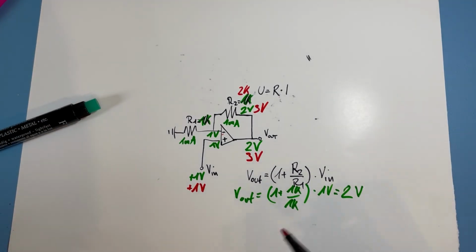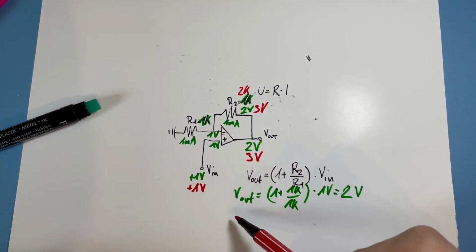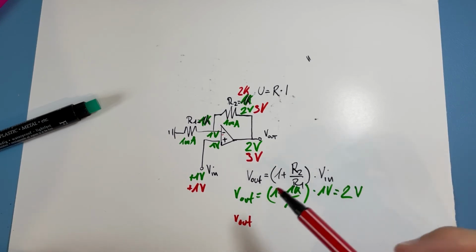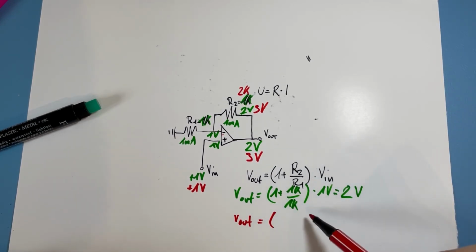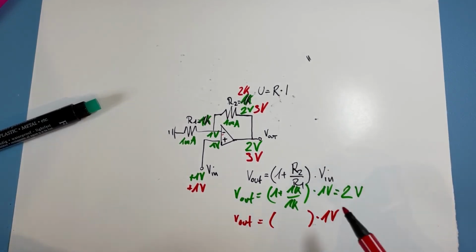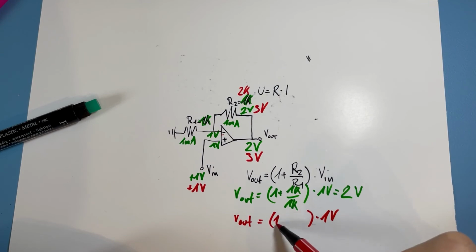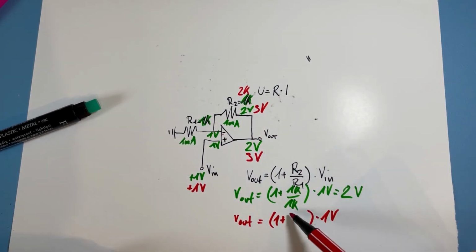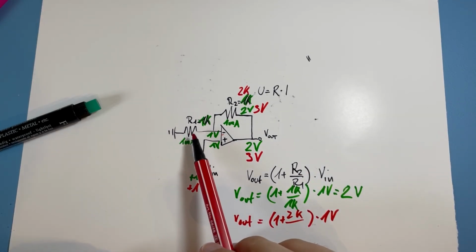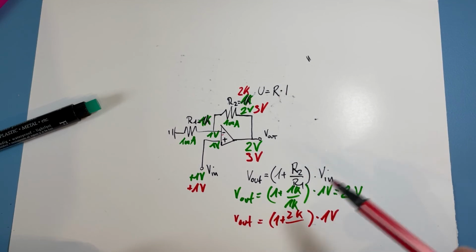Okay, and then the red case, let's start again. Okay, we want to know V out equals. Okay, so that parenthesis stays the same. Again, we put in 1 volt. And what's in the parenthesis? Okay, 1 plus, it doesn't change. But now we have 2K for R2. So we have 2K up here divided by, okay, R1 stays the same. It's in the red case also 1K.